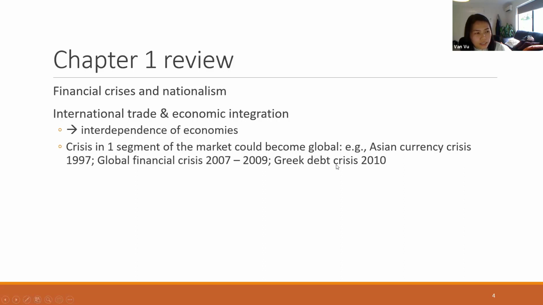Similarly, for the Greek debt crisis in 2010, what happened in Greece started to spread around other European countries as well, right? Because they were part of the European Union. So with globalization, we would also have to be aware of the interdependence of economies, okay? Due to their financial transactions, okay?